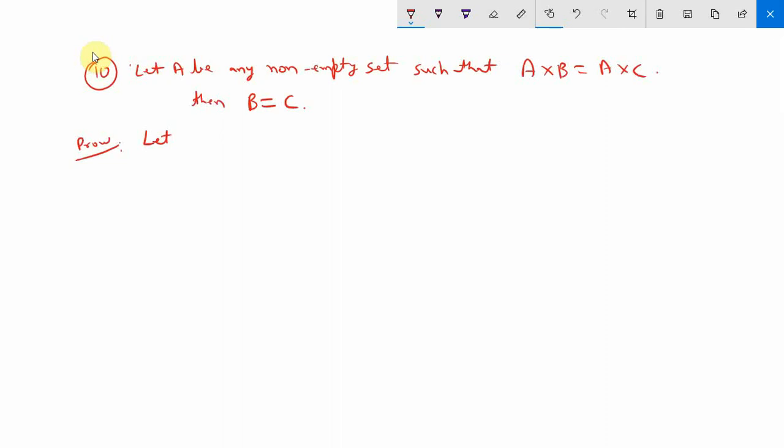We will take any element, let b be any element of set B.